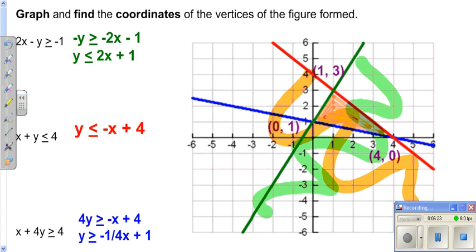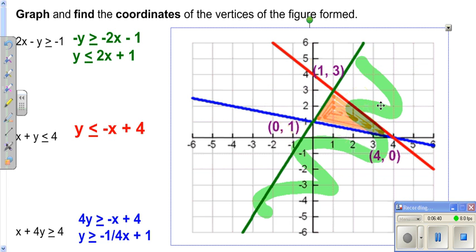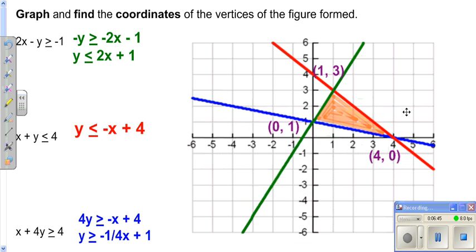Well, if you're shading above the blue, below the red, and below the green, they only overlap where we have our triangle.